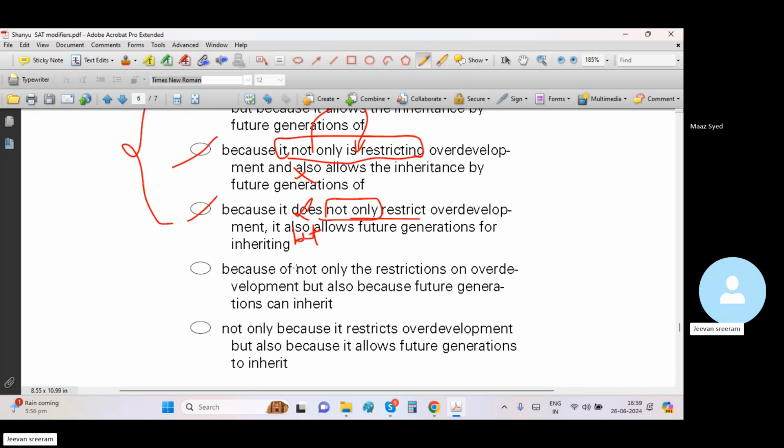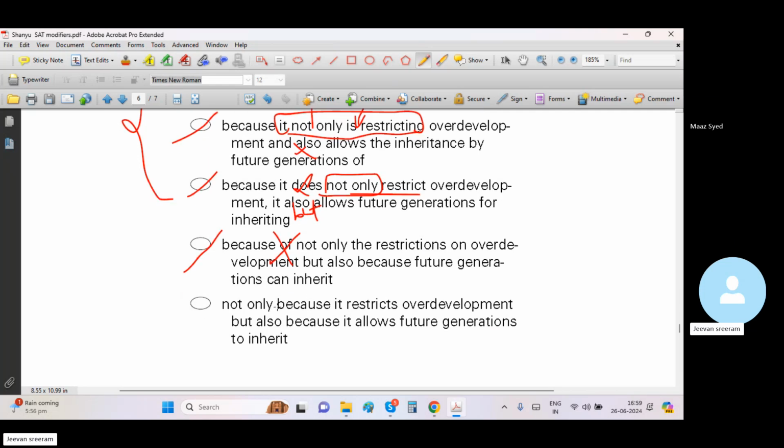Because of, not only but, because of again. Not only because it restricts overdevelopment, but also because it allows, yes, is the best one. You have to use not only either at the beginning of the sentence or just before the verb.